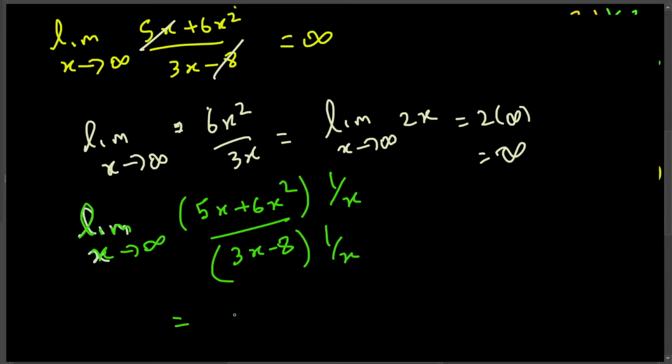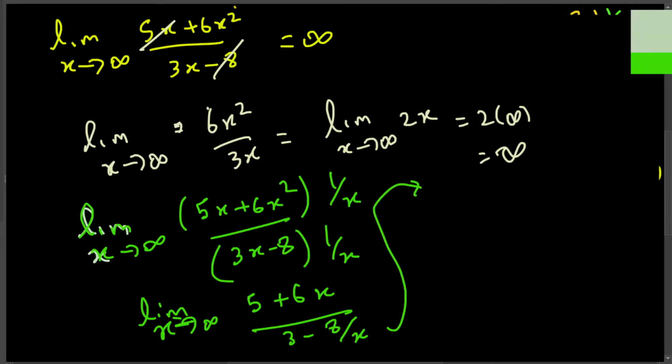And if I simplify this, it becomes limit x approaches infinity, 5 plus 6x divided by 3 minus 8 over x. And whatever values are divided by x, we can say it's 0 because we are dividing a number by infinity. That becomes 0.